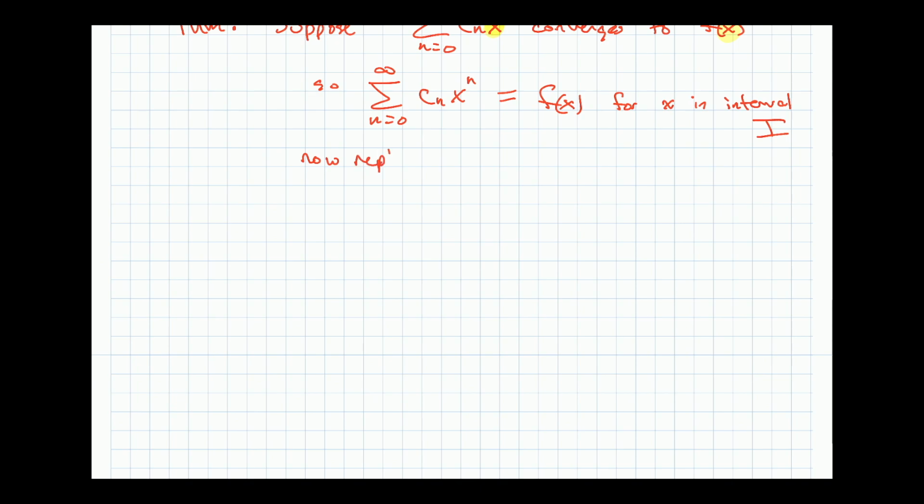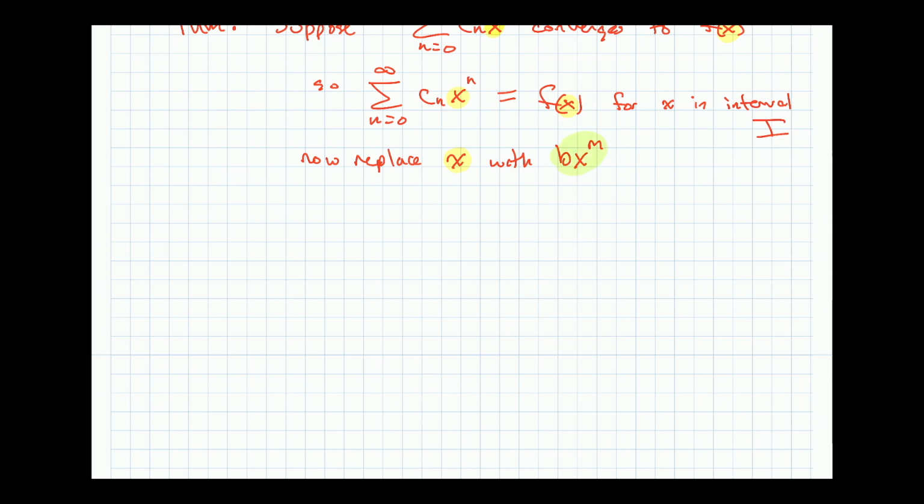Now replace x with bx to the m. So that's not an n, that's an m, and it's just going to be a number. So the idea is you've got this x here, and this x here, but what we're doing is replacing the x with all of this.